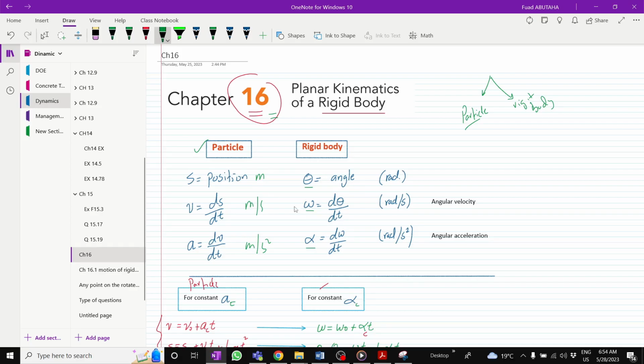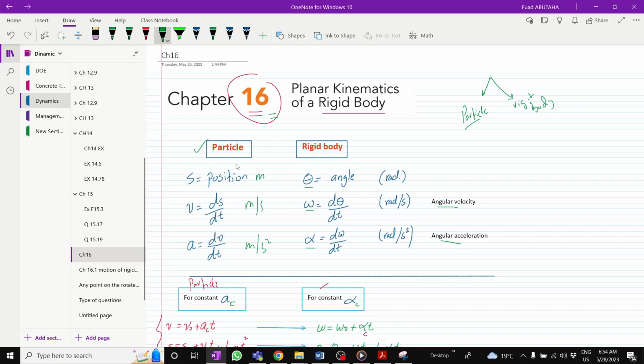Omega we no longer call velocity, but angular velocity. Alpha is the angular acceleration. So theta, omega, alpha, instead of position, velocity, and acceleration.